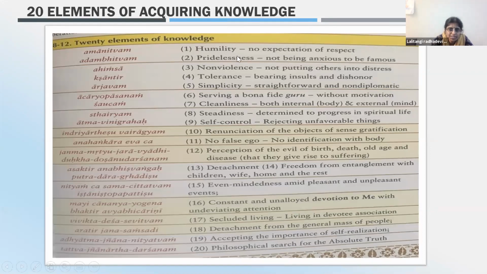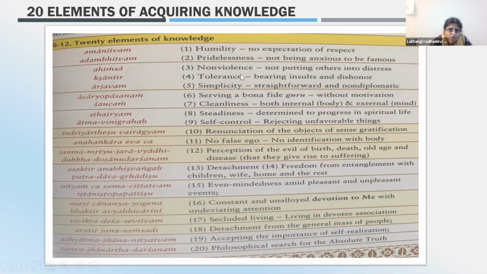Amanitvam, humility, what it means is no expectation of respect. Adambitvam, pridelessness, not being anxious to be famous. So both are very close and both can be complementary to each other. But pridelessness is the starting point, and then humility is like the depth of it.